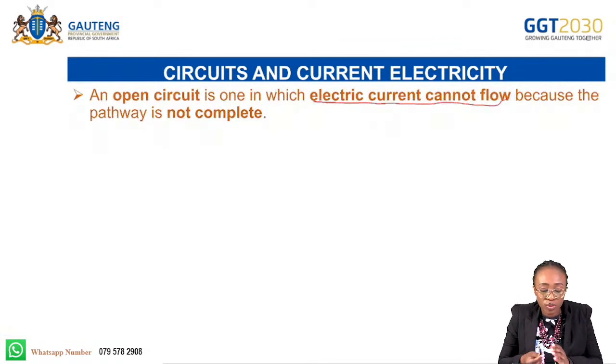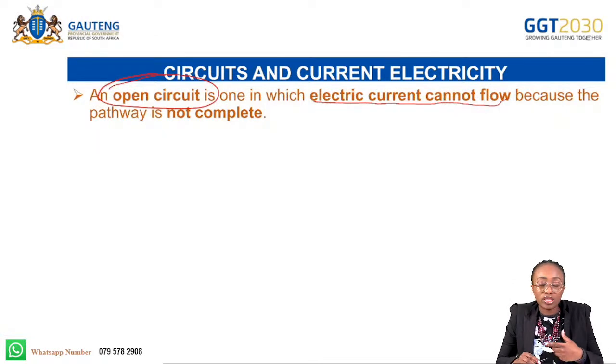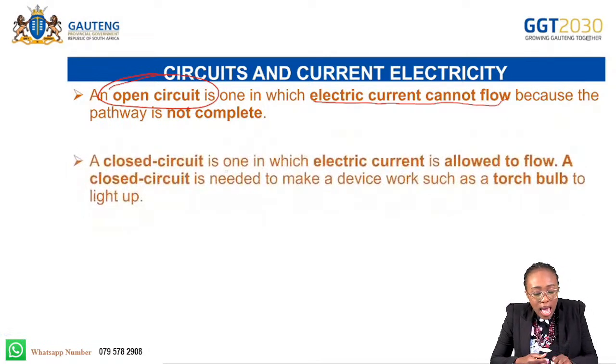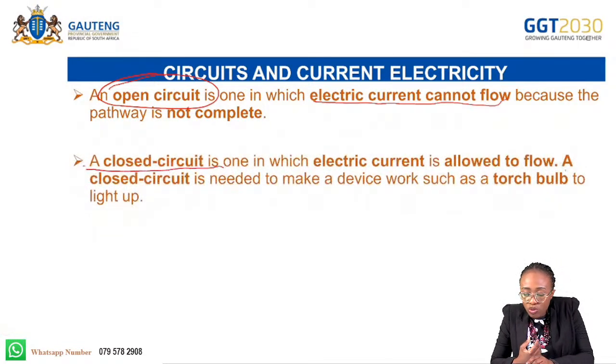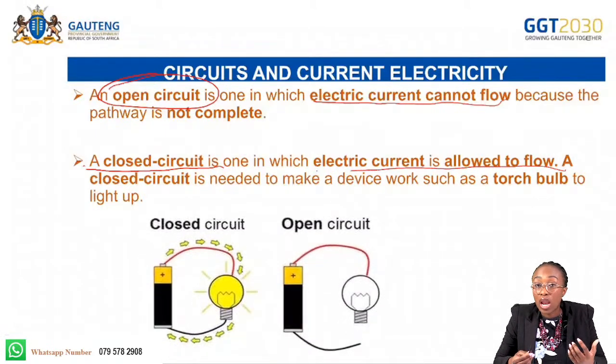So when the circuit is said to be open, then we know that the electric current cannot flow because the circuit is not complete. A closed circuit is one in which current is allowed to flow. A closed circuit is needed to make a device work, such as a torch bulb to light up.